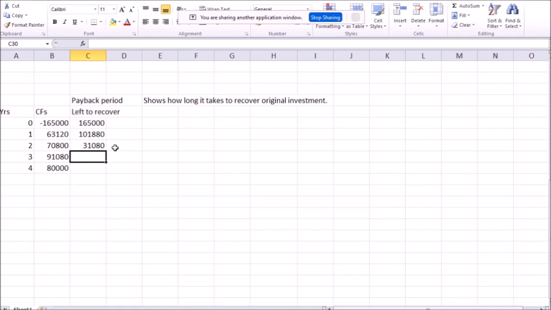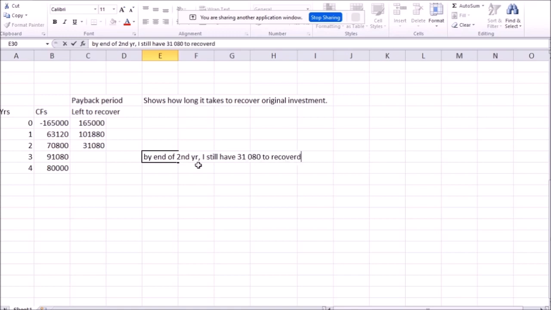Just delete it. And what does this tell me so far? It tells me that what I need to look at is the last number that I haven't deleted, the last positive number. And I need to look at which year it shows. It shows year number 2. So by the end of the second year, I still have 31,000 to recover, right?